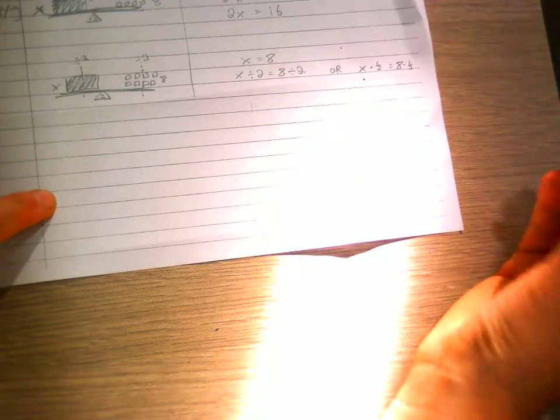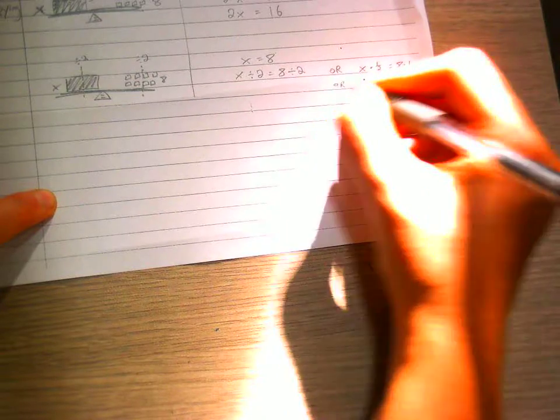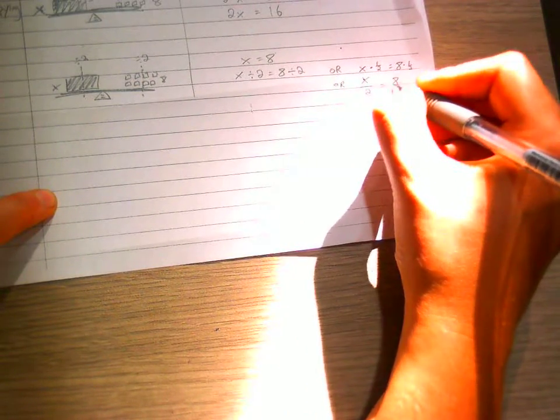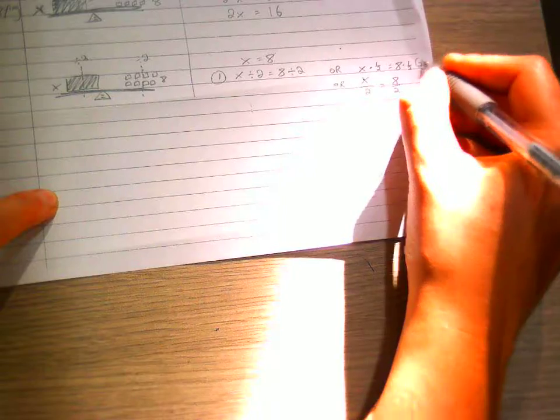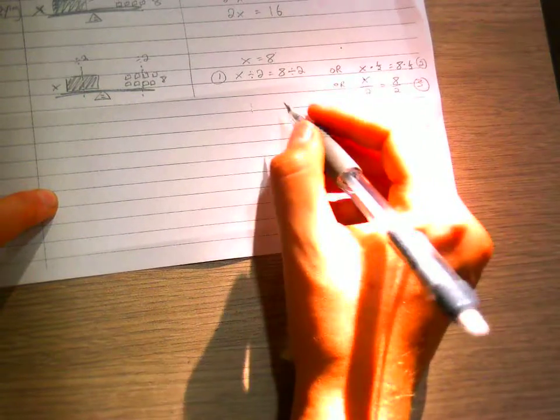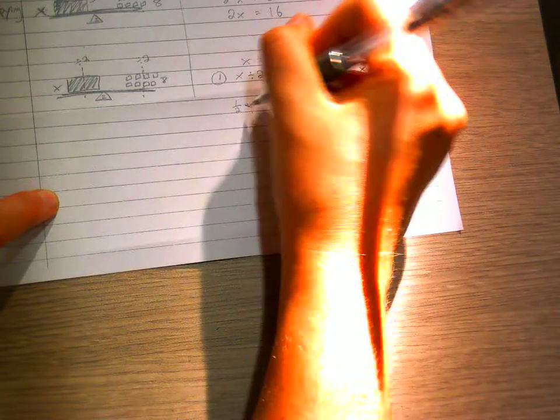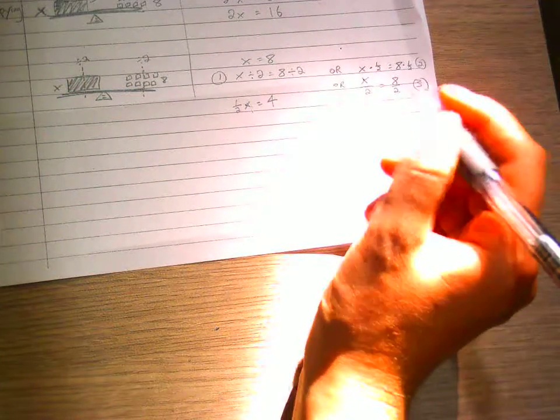Or we could say x divided by 2 equals 8 divided by 2 as a fraction. So there's 3 ways to write it. But any way we write it, it gives us the equation 1/2 x equals 4. So a half of this x equals 4. And we can do that by dividing.